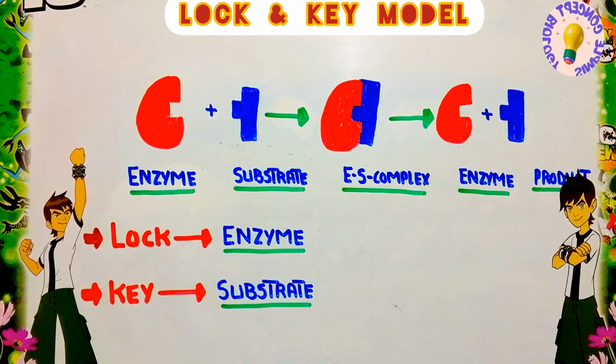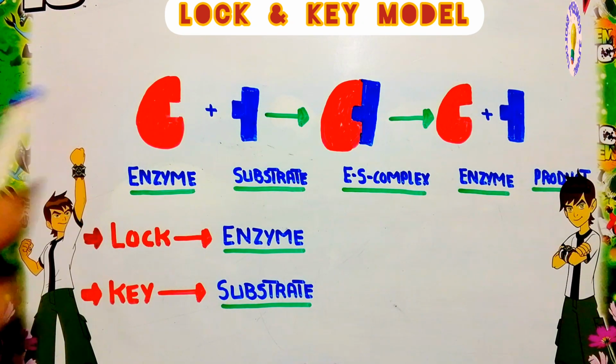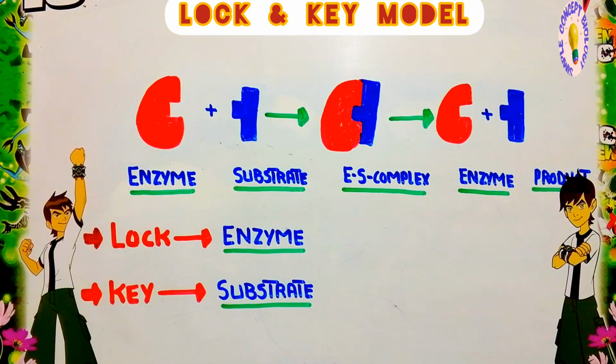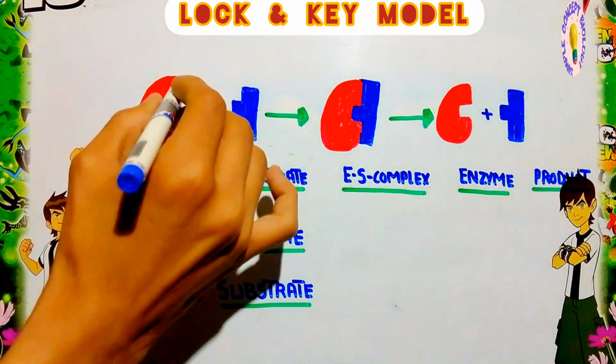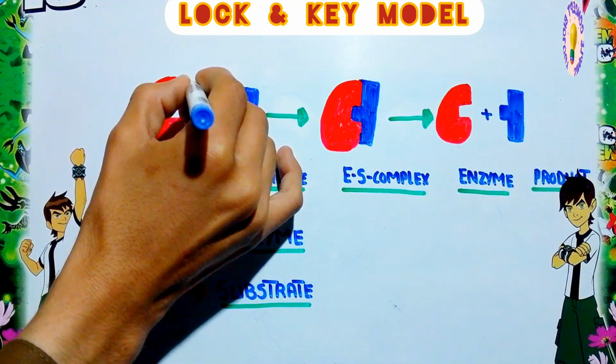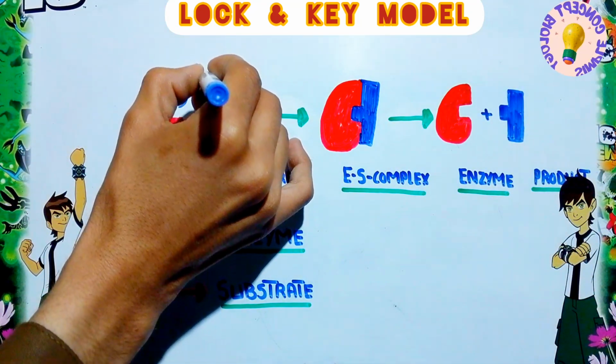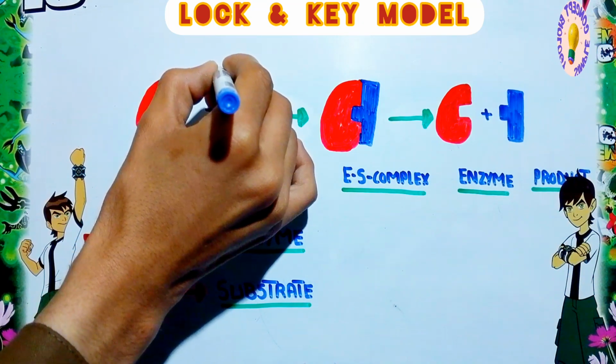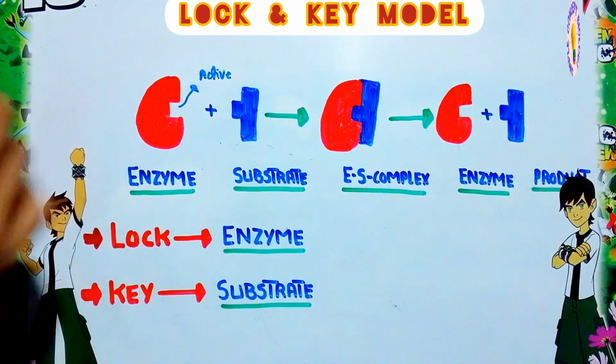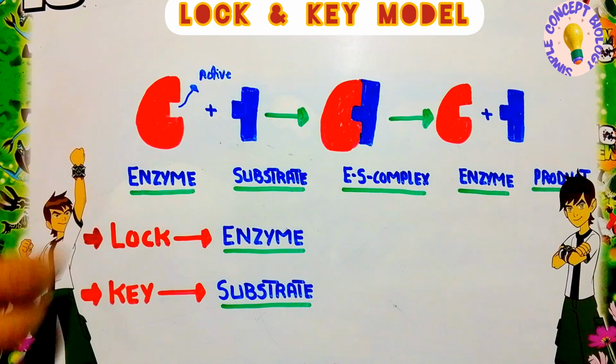You can see here, this is an enzyme. Enzyme has a specific site that is called the active site. The active site is mainly the functional part of the enzyme, while the remaining part of the enzyme makes the framework of the enzyme.